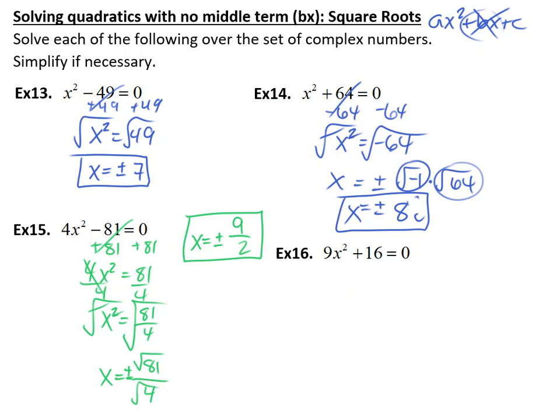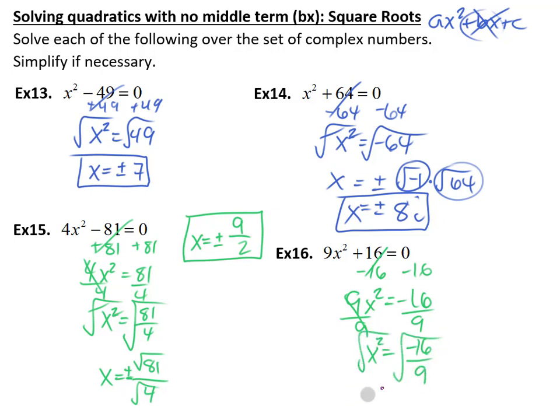Okay, last one here. Again, no middle term, so we should be able to solve with square roots. Let's get x squared by itself by subtracting 16. Negative 16. Divide away the 9, and then we can use square roots. Negative 16 ninths.